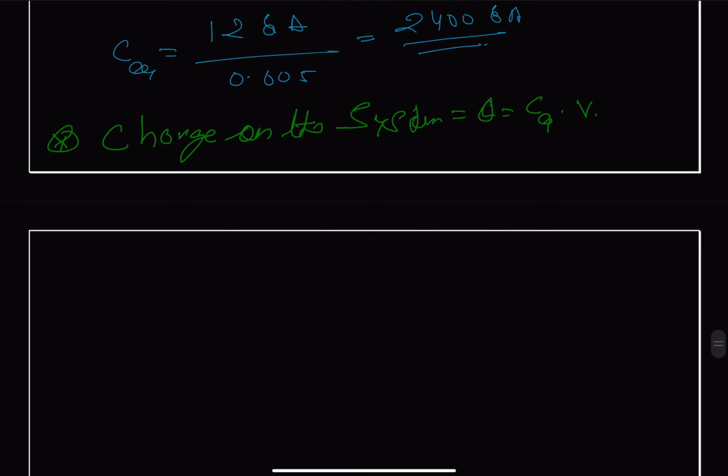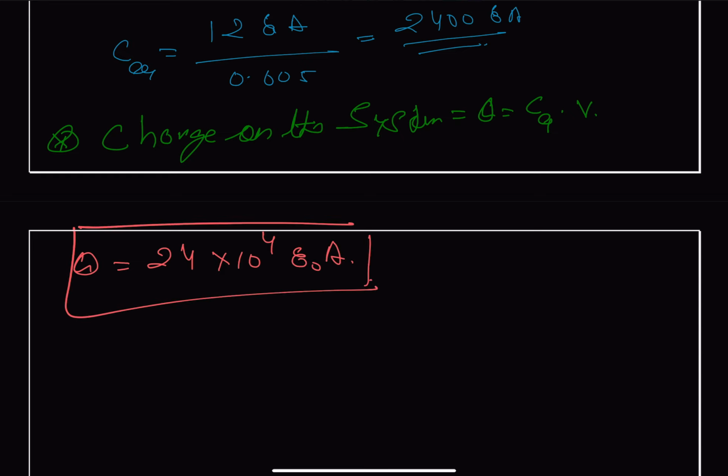So we find Q is equal to 2400 multiplied by 100, so this comes as 24 into 10 to the power 4 epsilon naught times A. So this is the charge. And based on this charge, because this will be the net charge on the capacitors, we easily can find out the potential difference across each capacitor.